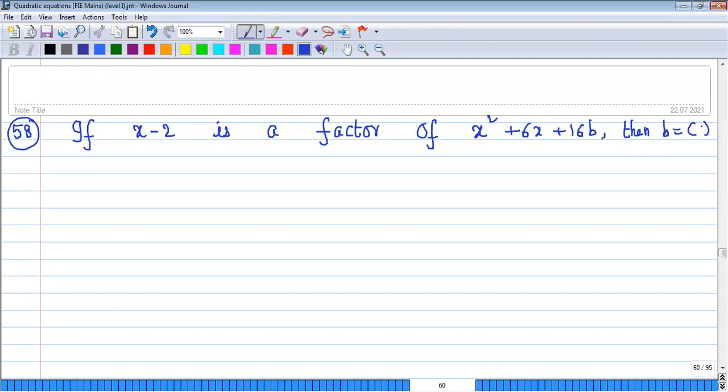This is a 9th standard question. First option 1, second option 0, third option 2, fourth option minus 1.